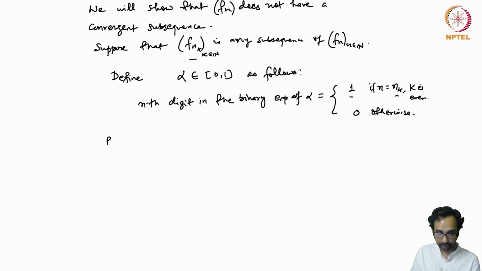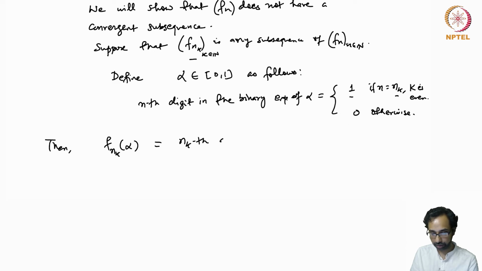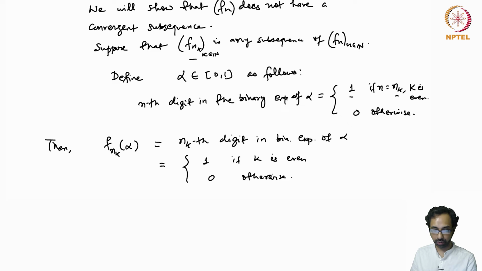So let us see what is f_{n_k}(alpha). f_{n_k}(alpha) is the n_k-th digit in the binary expansion of alpha, and this is nothing but 1 if k is even and 0 otherwise. So it oscillates between 0 and 1.